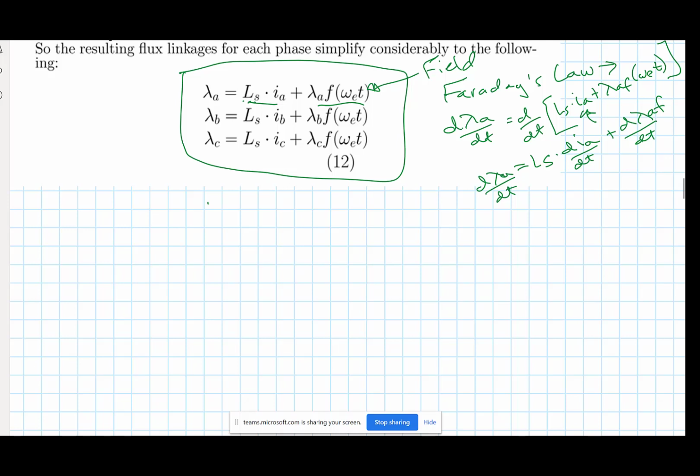What we're getting to is, let's just say that I have a voltage VA of t, and I'm going to apply that voltage to my machine. So think about this, there's some line, this is a cable.